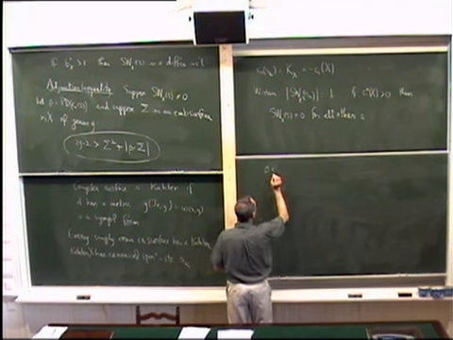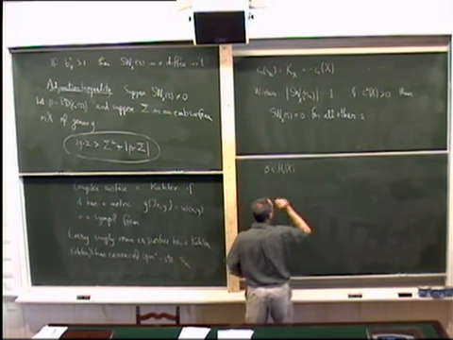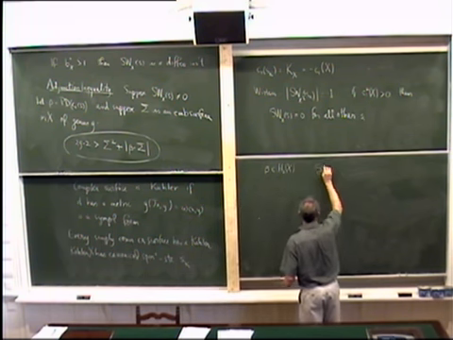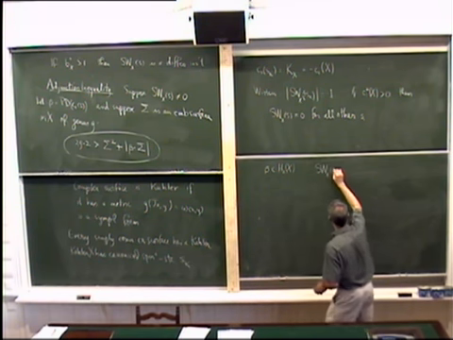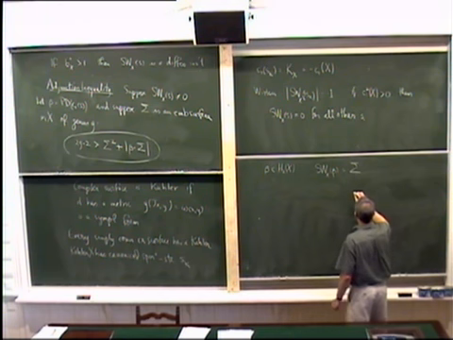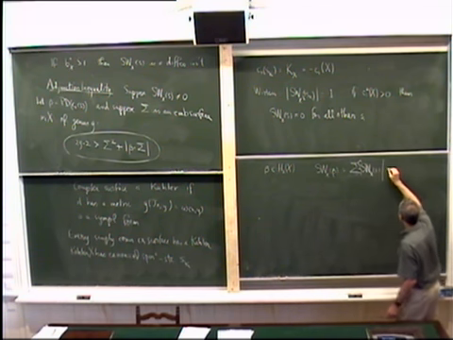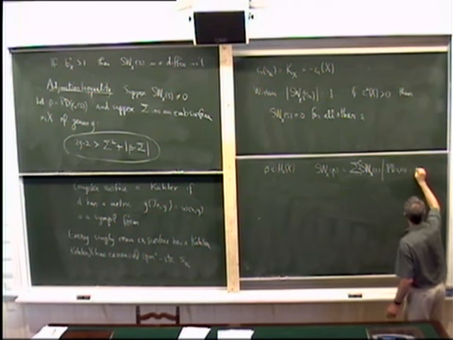For a class beta in H2 of X, let's use the notation that the Seiberg-Witten invariant of beta should be the sum over all S such that the Poincaré dual of c1 of S is beta.